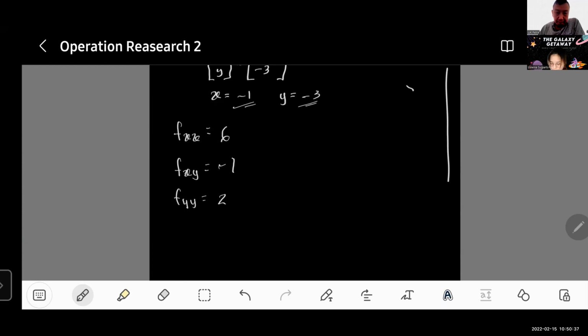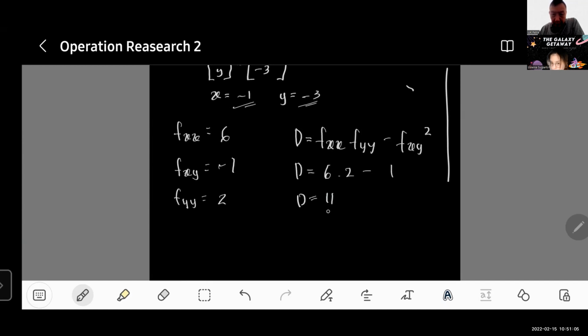I guess there is a function there. The determinant is fxx times fyy minus fxy squared, if you want to calculate directly. So 6 times 2 minus 1 squared.